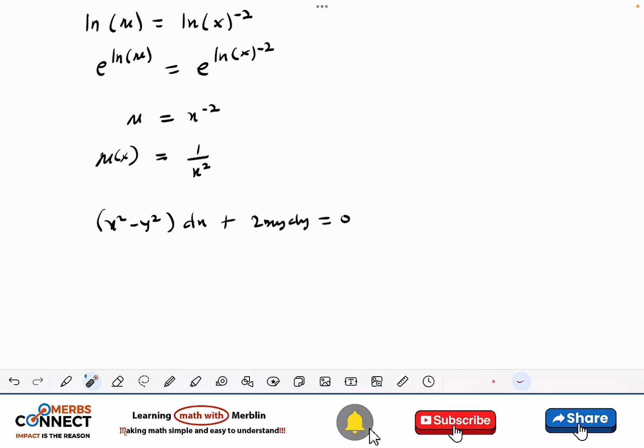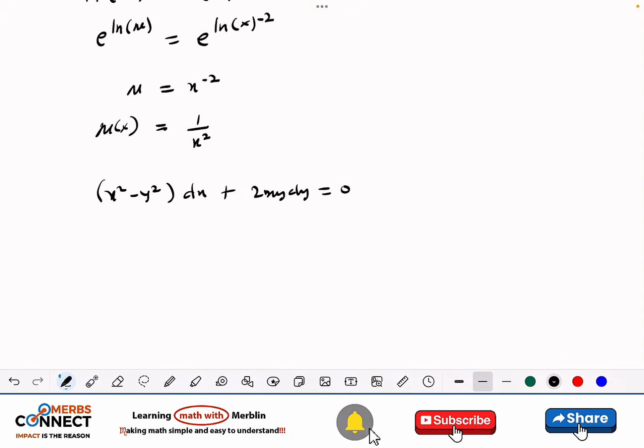Let's multiply through by the integrating factor. So we are going to have 1 divided by x squared times (x squared minus y squared) dx plus 1 divided by x squared times 2xy dy is equal to 0.